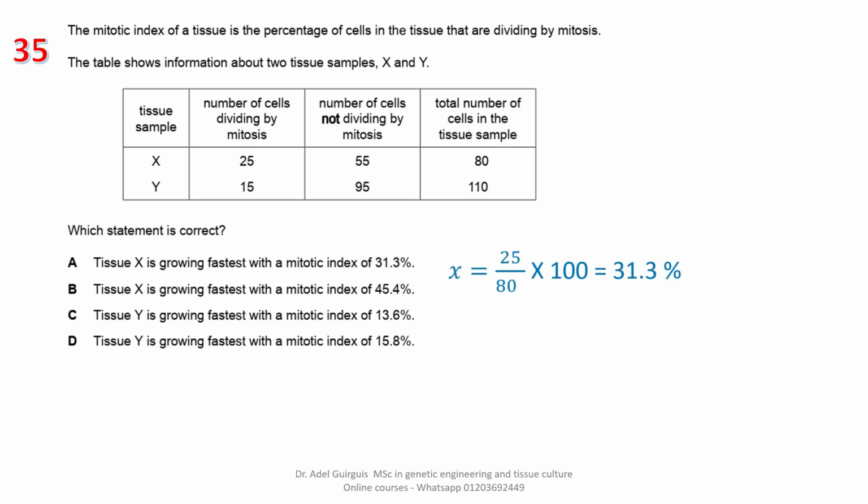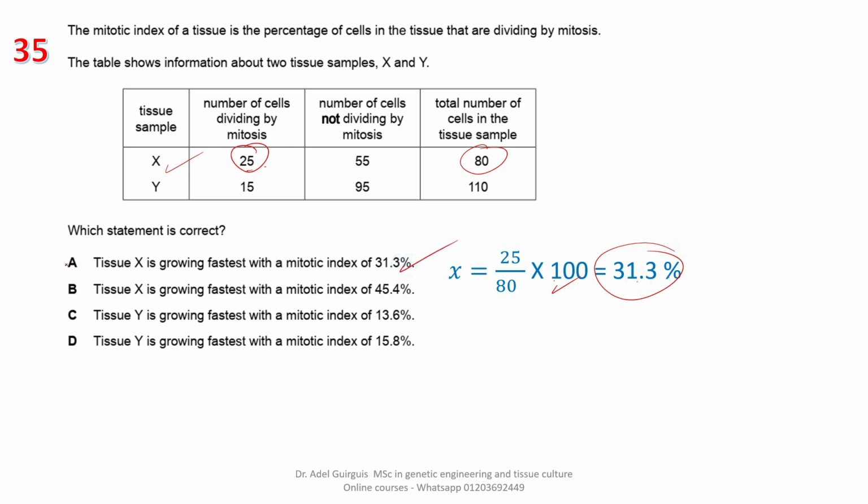Now for tissue X. Tissue X is growing fastest with a mitotic index of 31.3%. Look, we divide 25 by 80, the total number of cells in tissue sample X, and multiply by 100 to produce 31.3%.